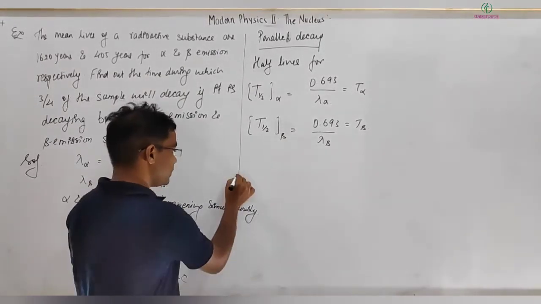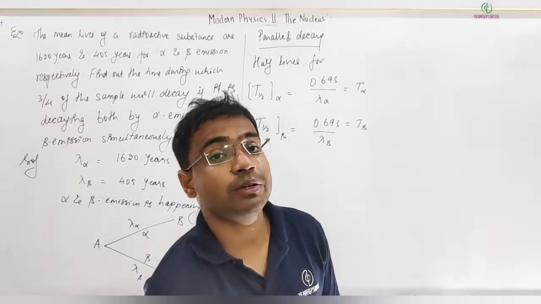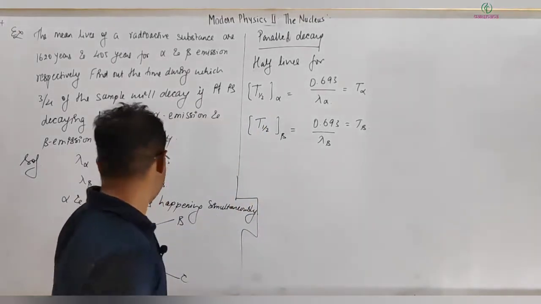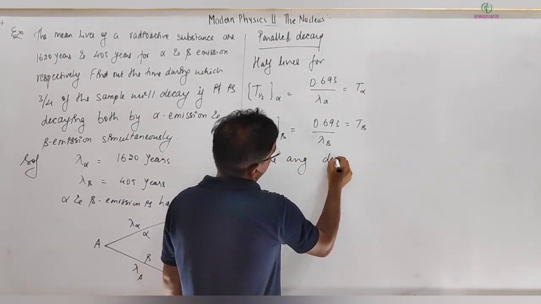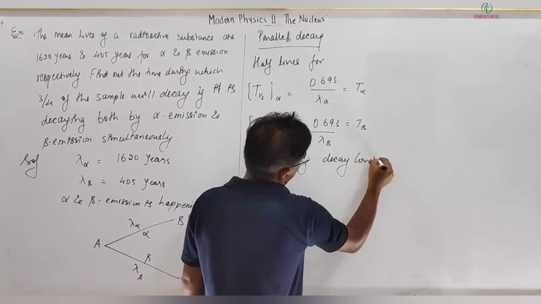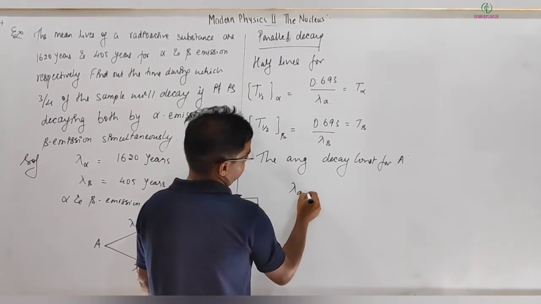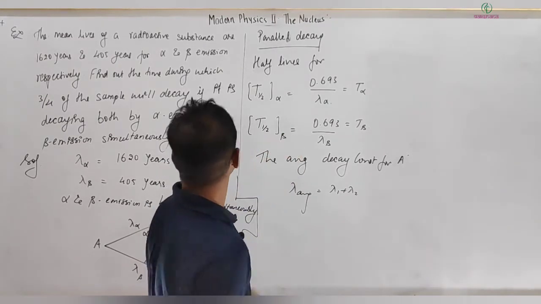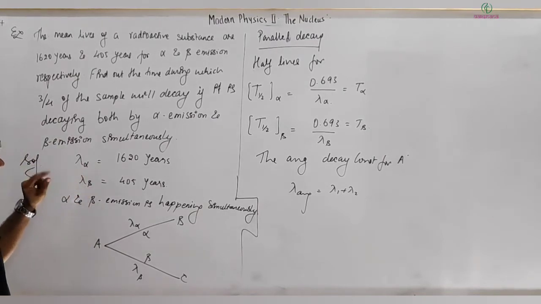So now, what is the effective decay rate, the effective decay constant for decaying A? The average decay constant for A, we have already calculated. The effective lambda for A is given by lambda 1 plus lambda 2. All right, just one second, let me check this part.